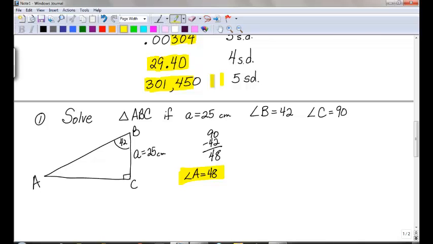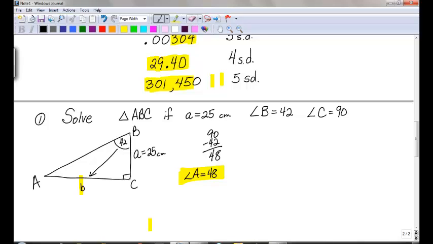In terms of what's given, let's say, how can I solve for side B? In terms of this angle, B would be the opposite, and A would be the adjacent.